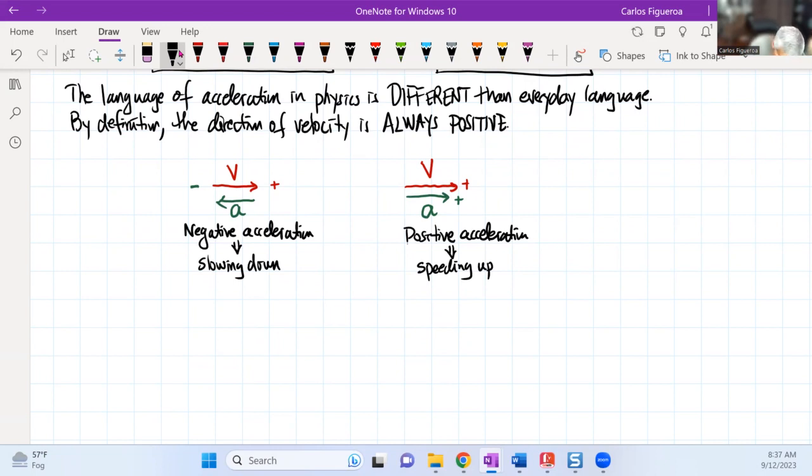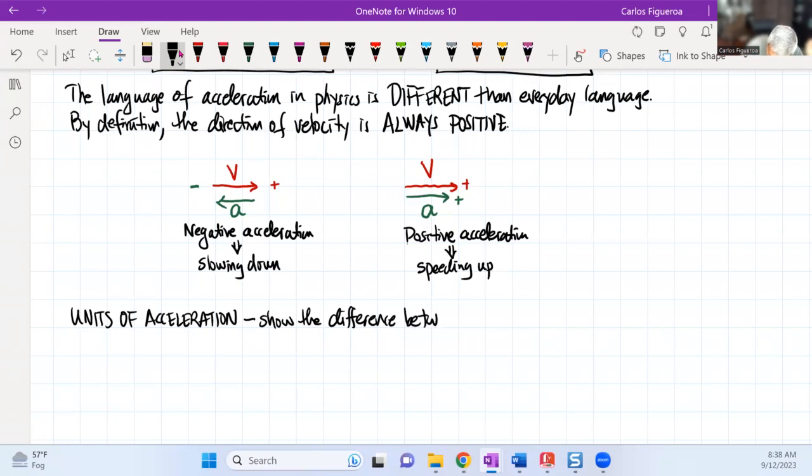So let's look at the units of acceleration. What I'm trying to do here is to show the difference between positive versus negative acceleration.